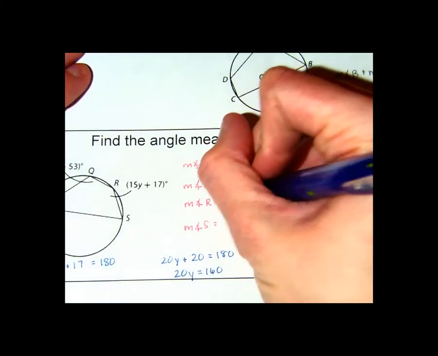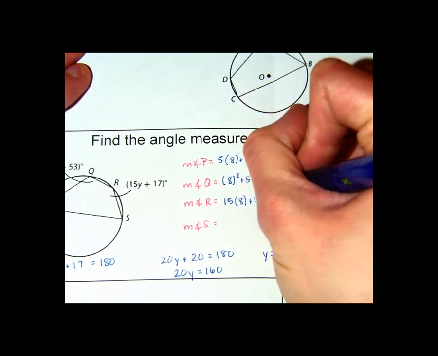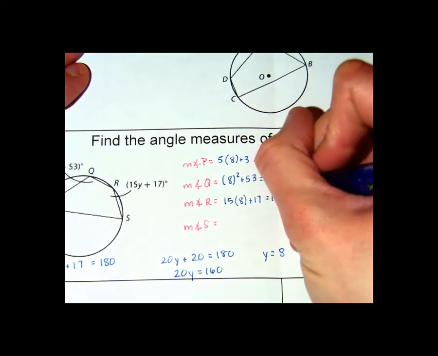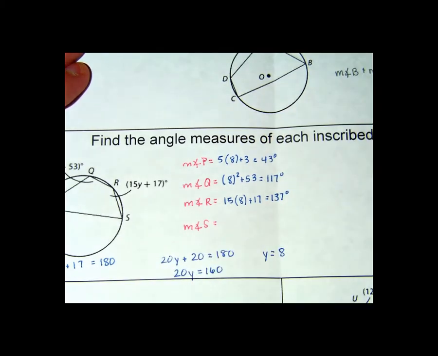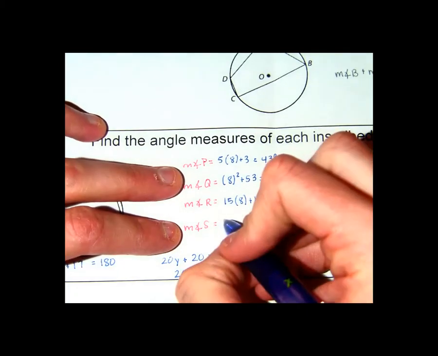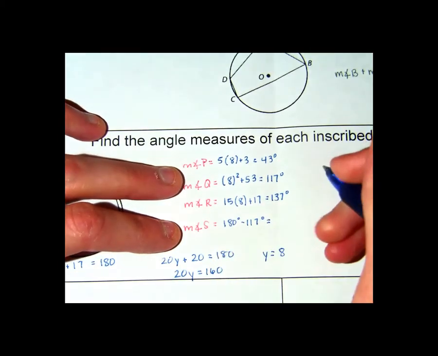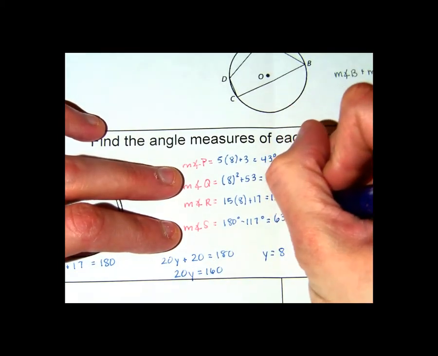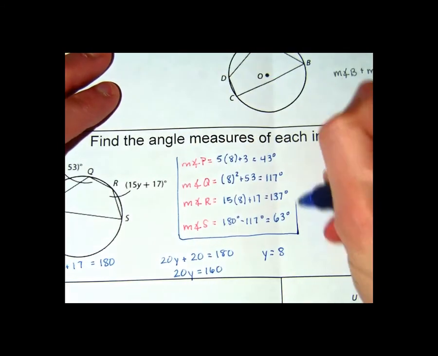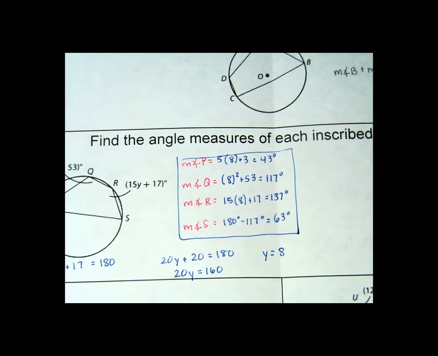R is 15 times 8 plus 17, which is 137. And I don't have anything to plug in for S. However, Q and S are supplementary. That means that 180 minus 117 is what S is. So S is equal to 63 degrees. Here were the 4 pieces that I was actually looking for. Make sure you pay attention today whether it asks you to find the measures or to find the variable. All of these we have to find the measure. So let's do the next one.